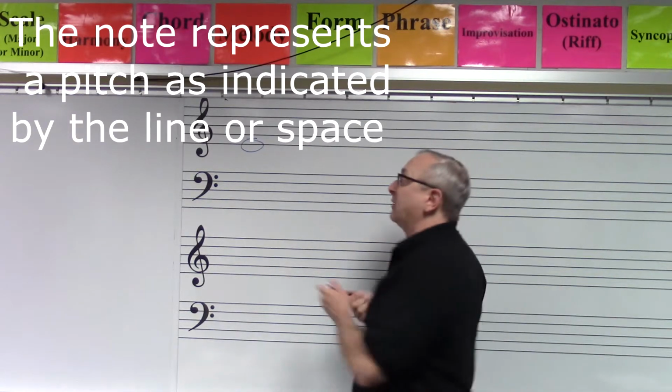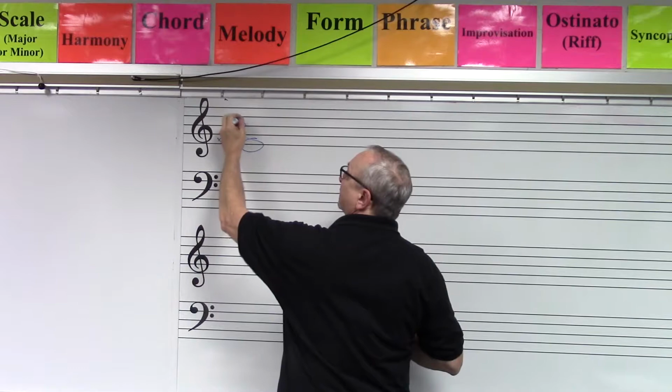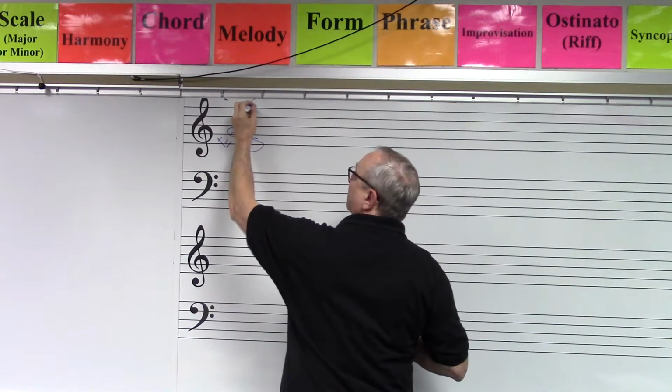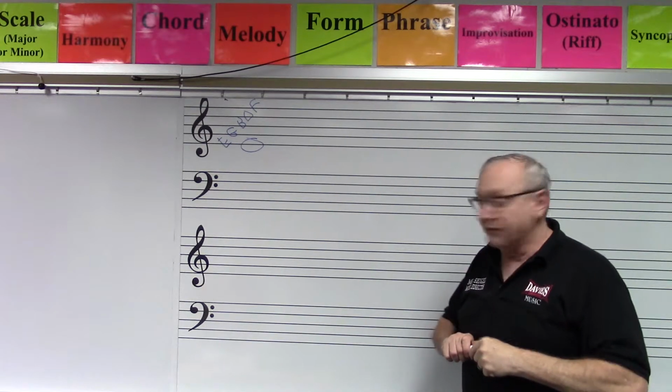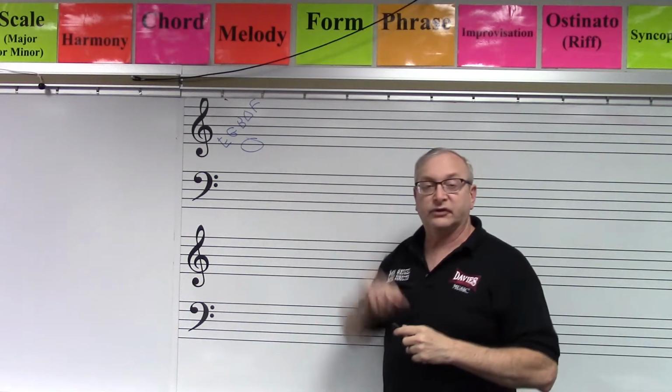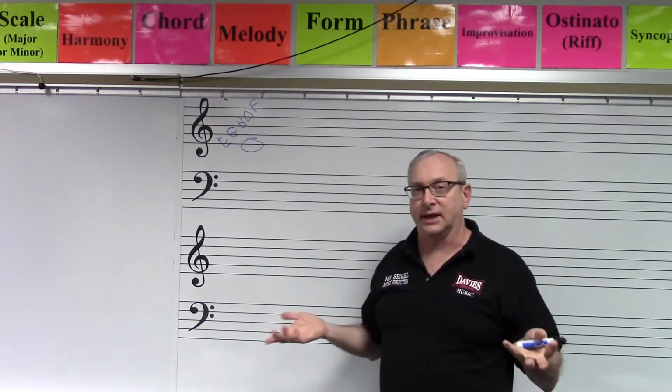Now, most of you probably recall that the lines of the staff are the pitches E, G, B, D, and F. So that music symbol represents the note E. That tells us what pitch to sing.